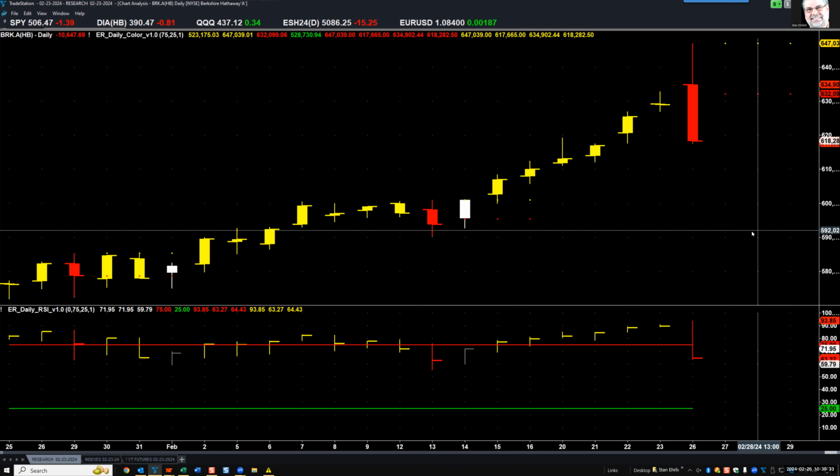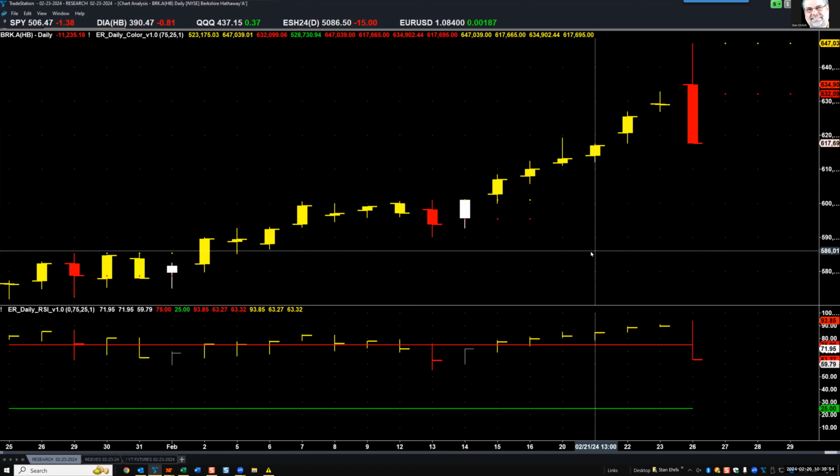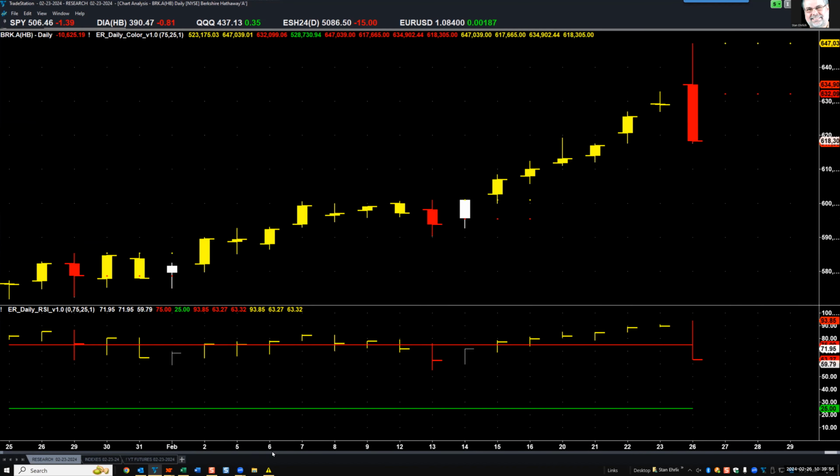Now, I'd love to tell you that this implies the overall market's going to go down, and I think there's some credence to that comment, but I'm not getting any, very disappointing, any sell signals in the individual indexes at all. But Berkshire Hathaway, I've gotten some unbelievable sell signals over time and a few buy signals. Just a moment.